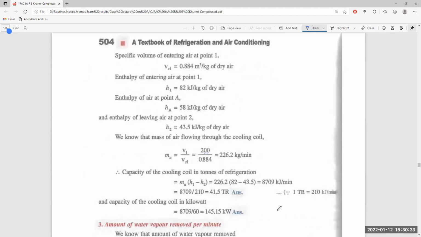Thus, the capacity of the cooling coil in kilowatt is 8709 divided by 60, that is kilojoule per second, or 145.15 kilowatt.